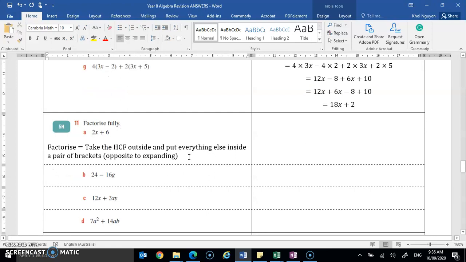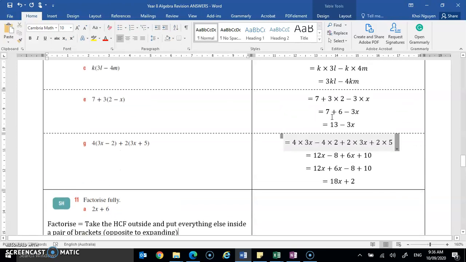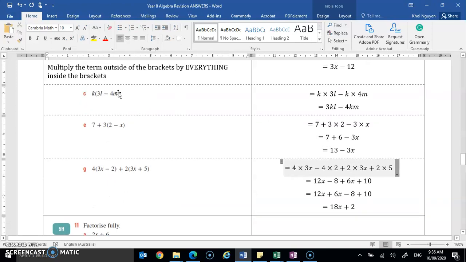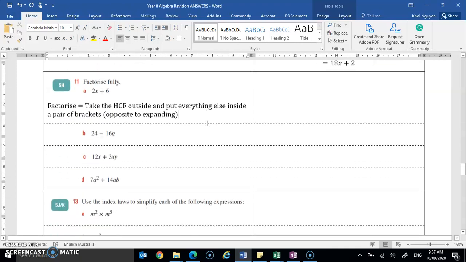This time we want to go the other way. We want to start with an expression like this, and then come back to something multiplied by a pair of brackets, with things inside. Okay, so that's what we want to do.